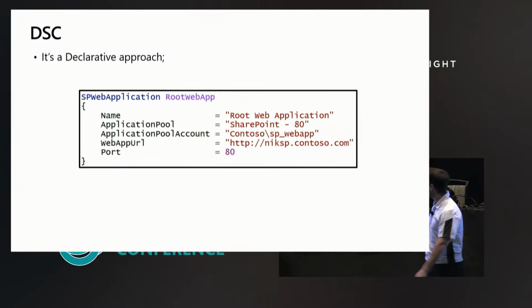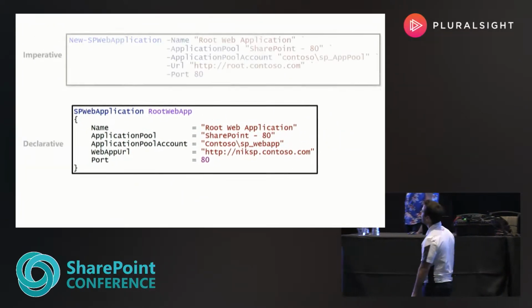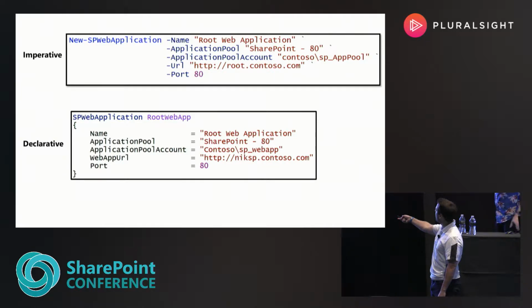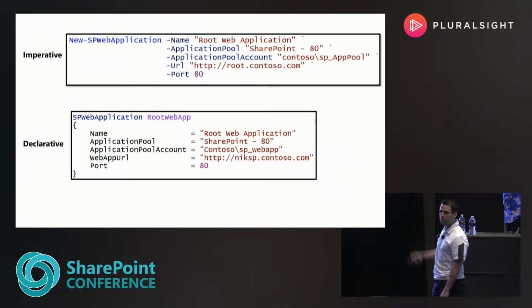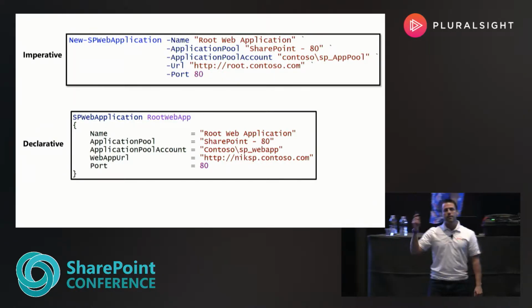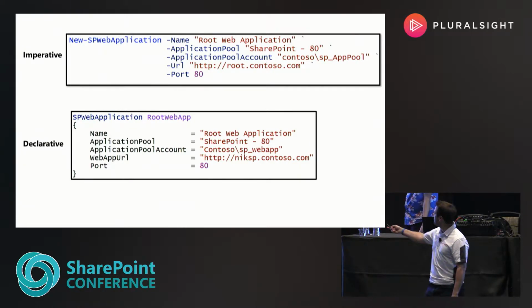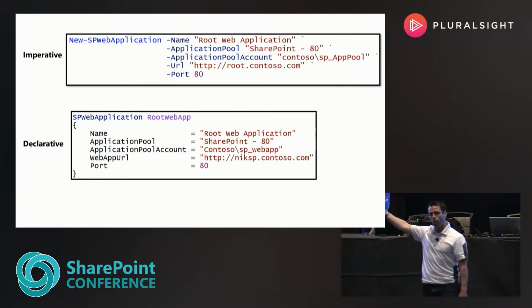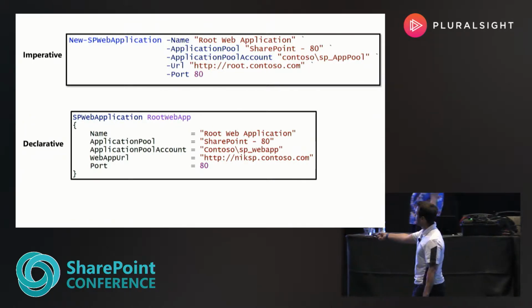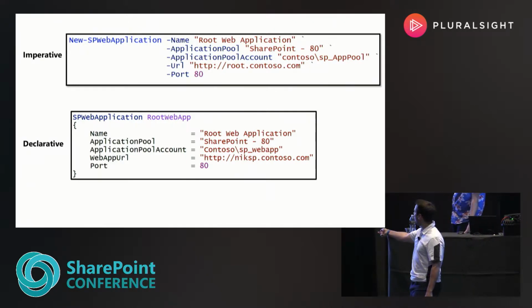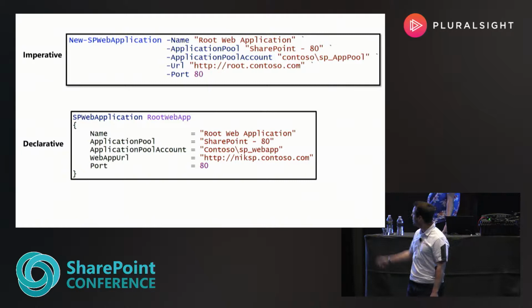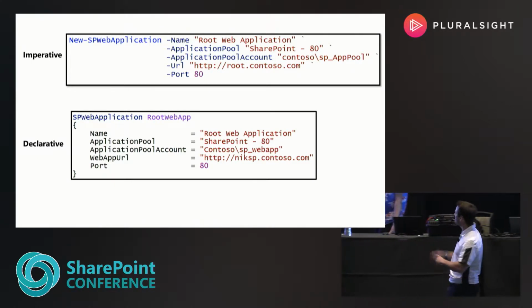If we compare it with the imperative approach, which we're all used to, where we say, I want a new web application, and I pass in all the params, it looks similar. The difference is, if I was to run this once, and run it again, PowerShell will come back with an error and say there's already an application running on that port. Whereas this here, I can run it as often as I want, and it's always going to bring my web application to that state. And Brian, please, what's the word that I can't pronounce for that?